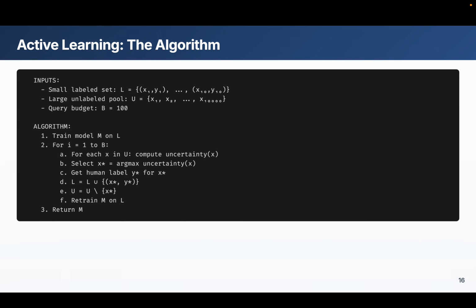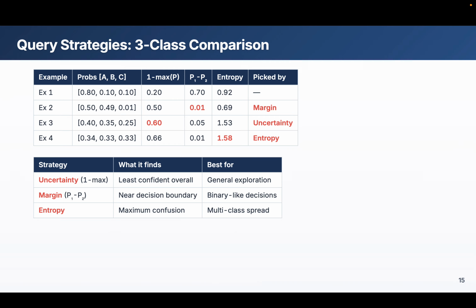The loop is quite simple. You first train the model on the, sorry. Could you go back a bit? In this case, why would you choose 0.60?